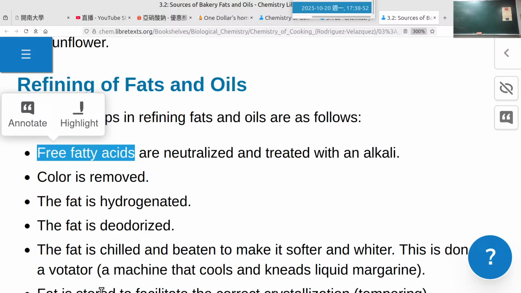After they break, it releases free fatty acid. Why are we concerned about free fatty acid? Because free fatty acid has a bad smell. Then free fatty acid should be removed by neutralizing and treating it with alkaline.